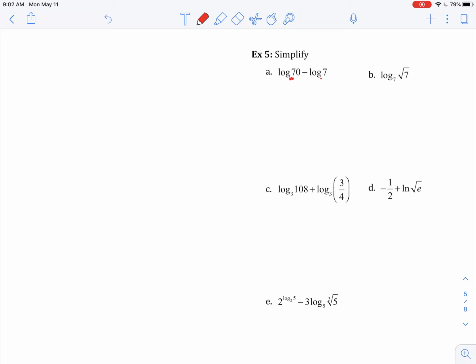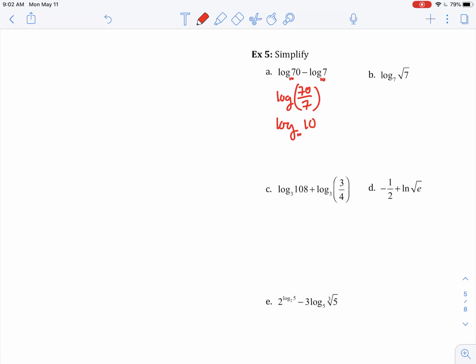Base 10 is implied on both of these. So subtraction of two logs is the same thing as the log of 70 divided by 7. Subtraction of logs, subtraction of exponents, means division within a single log. And this is just the log of 10.